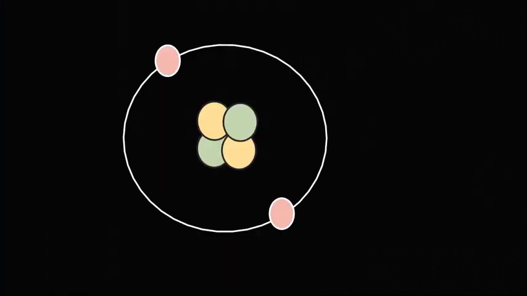So consider the helium atom. This is the nucleus of the helium atom. Inside the nucleus you have two positively charged particles, known as protons, and two zero charge particles, known as neutrons.